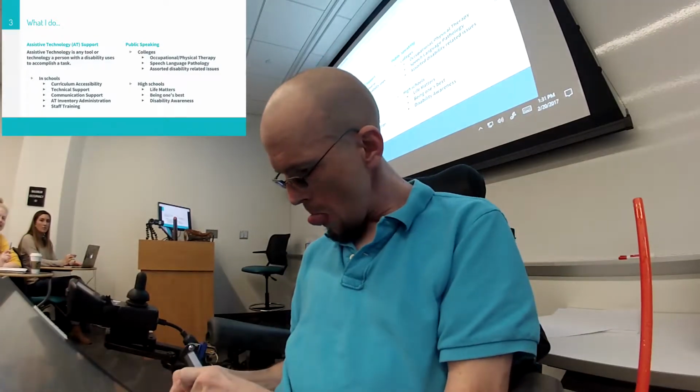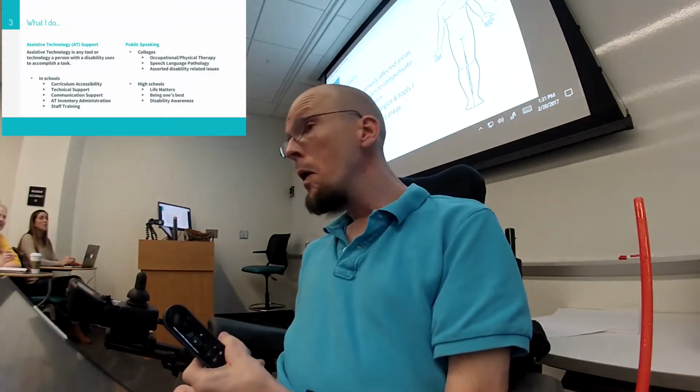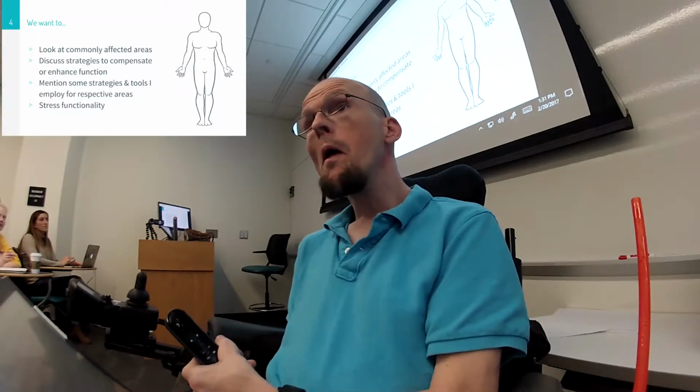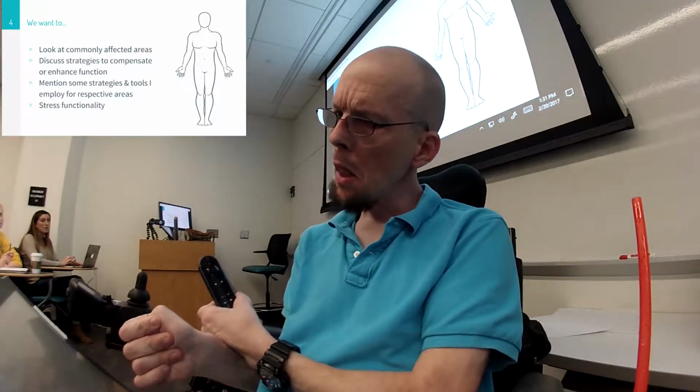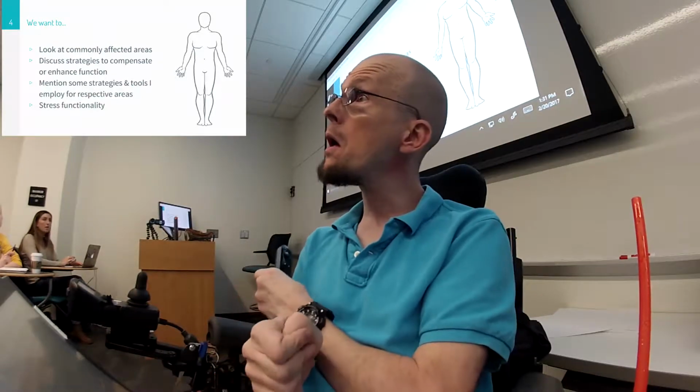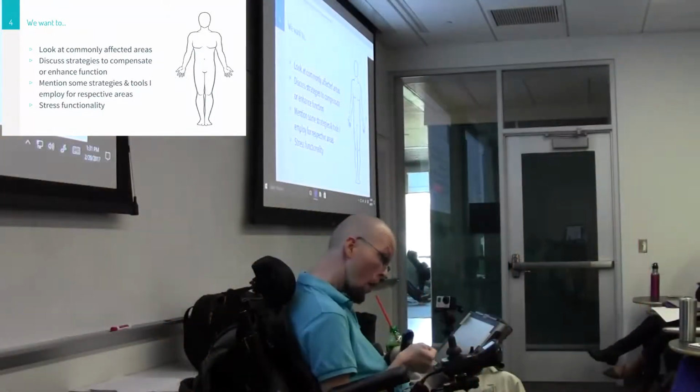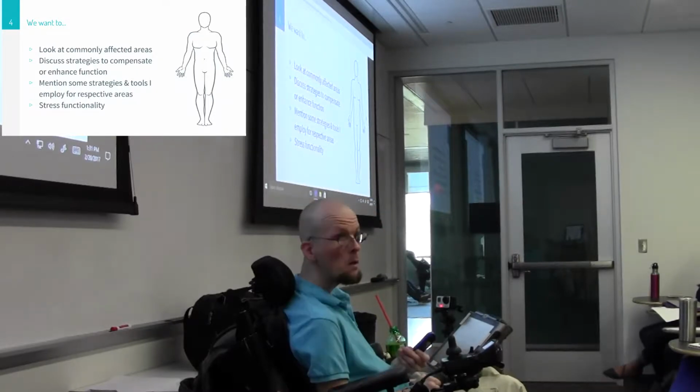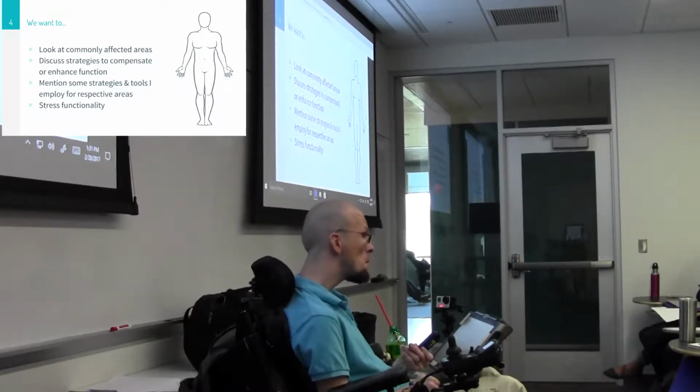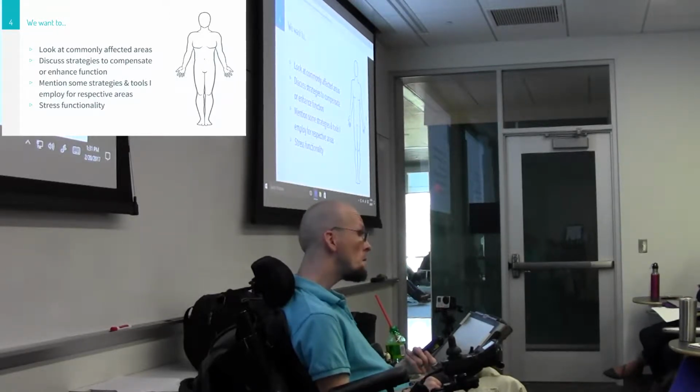Okay, down to business. I want to look at CP from head to toe, stopping at common areas that are affected by CP, and discussing strategies and technologies used either to compensate or enhance function of those areas. In my opinion, functionality is key when discussing CP. We cannot fix CP. We cannot avoid it.